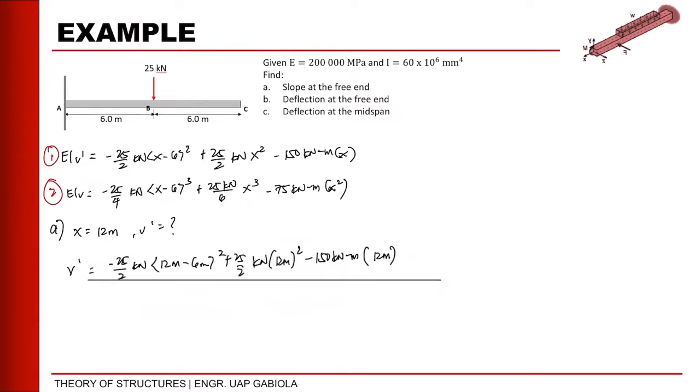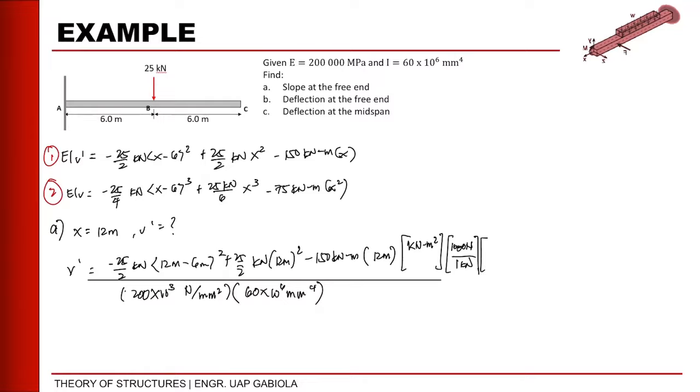Okay? Yung EI natin is 200 times 10 cubed N/mm squared times yung I natin na 60 times 10 to the 6 mm to the 4th. Okay? Yung numerator natin, pag naging answer natin, magiging unit niya is kN·m squared, no? So kailangan convert natin yan into newton tsaka mm. So yung kilonewton muna, 1 kilonewton is 1,000 newton.